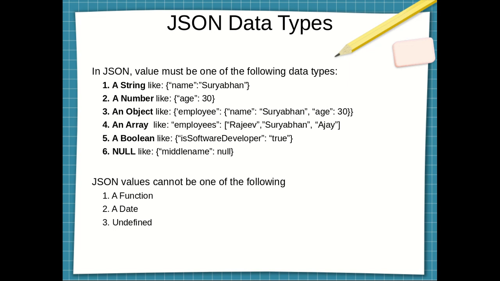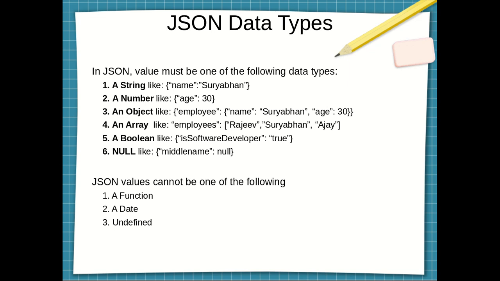An array contains array data, which is supposed to be inside square brackets, like the employees' names given there. A boolean contains a true or false value in a specific object or list. We have values.